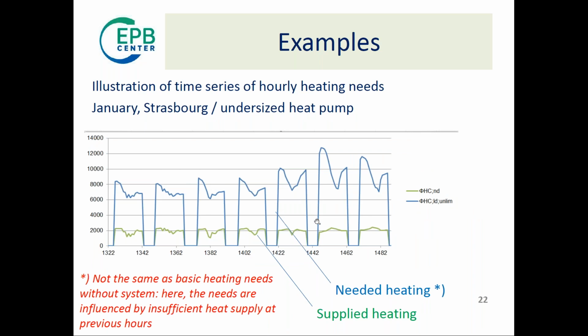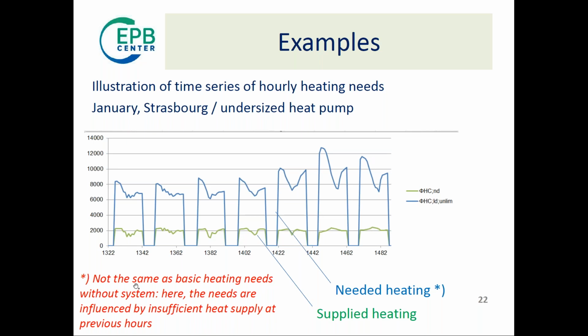And here you see that in this case, the system for this week is quite undersized because these are the actual energy needs to maintain the set point temperature, and these are the needs that the system can supply. So this is a rather undersized system.